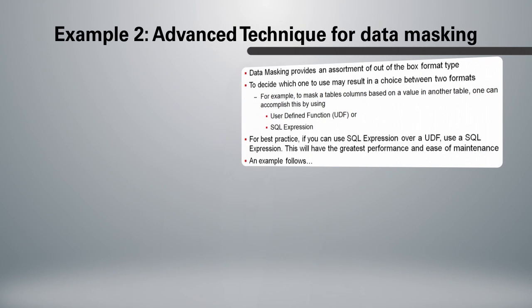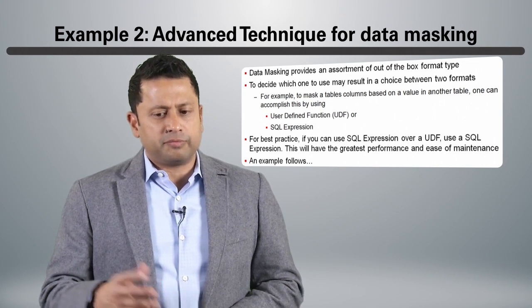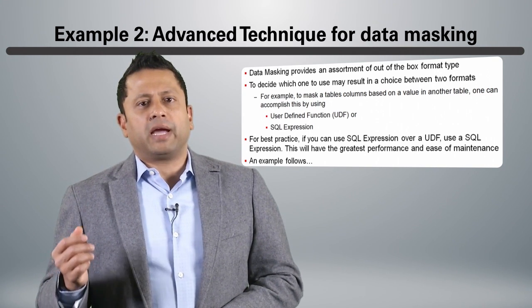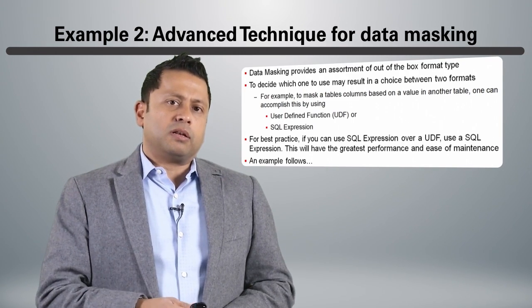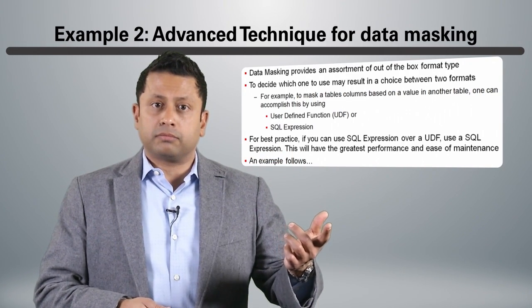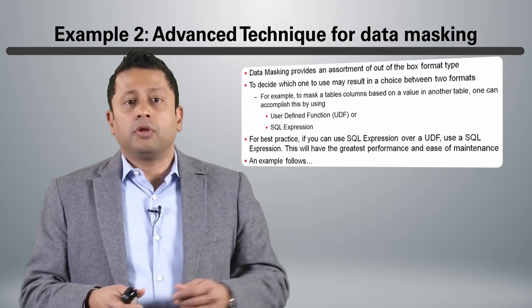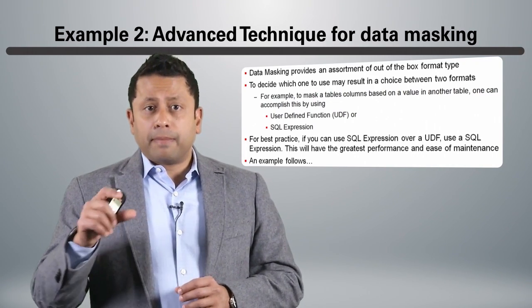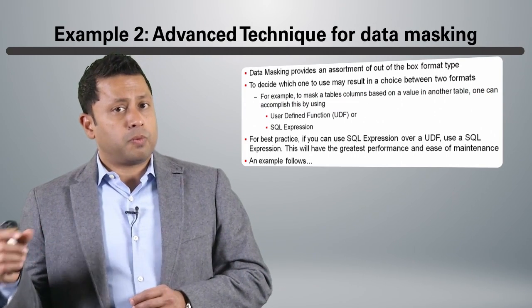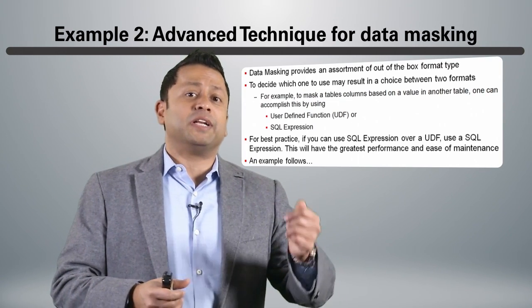Another example that I worked with a customer out in Europe, and this was an interesting example where it was a government agency, and what we had to do is mask data in a table based on another table column. Well, you say, okay, so this criteria went a little bit further. It says mask the data in a column a certain way based on a value in another column.